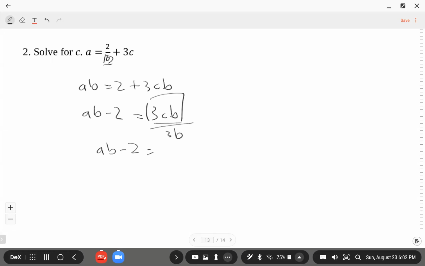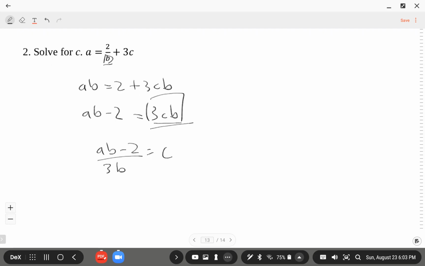We have to solve for c, we just divide by 3b, and we cancel out the 3 and the b, and of course we have to divide it on both sides. So the next stage should look similar to this. That is our final answer.